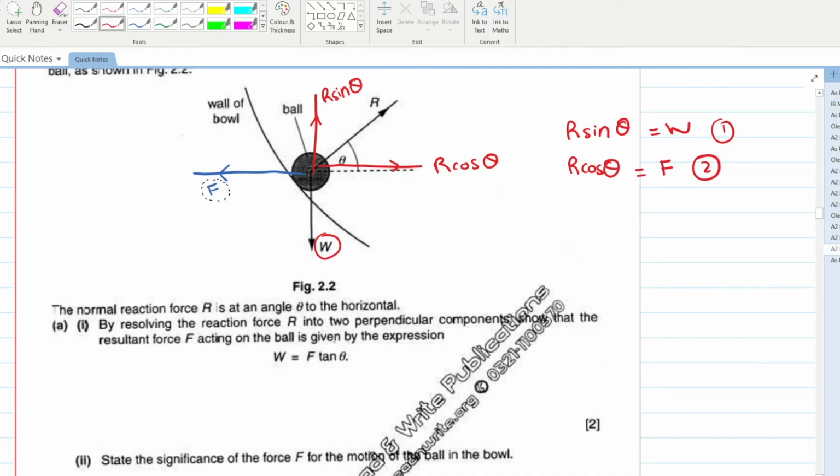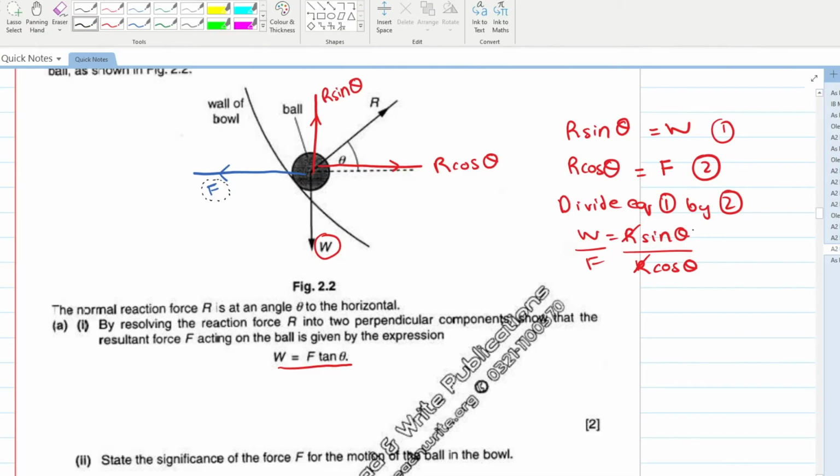Now what will you do? You have to prove this thing. W is equal to F tan theta. You will divide equation 1 by 2. Simple as that. W upon F is equal to R sin theta divided by R cos theta. R and R get cancelled out.